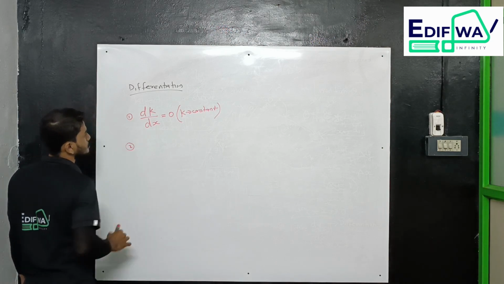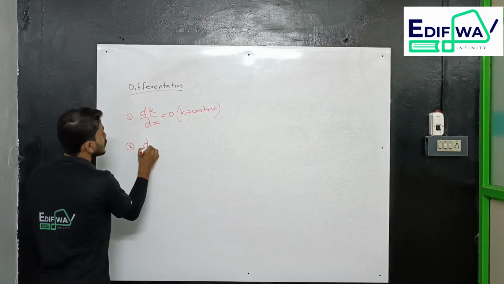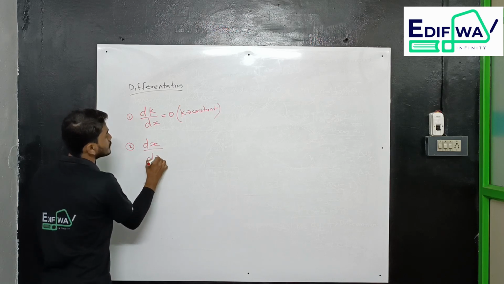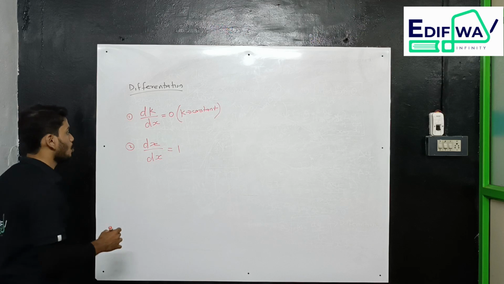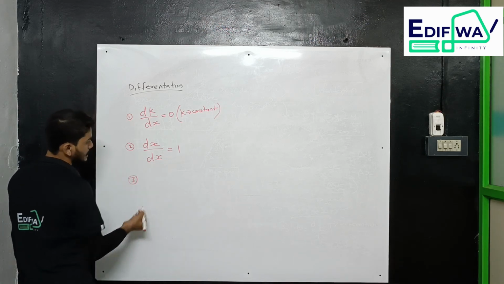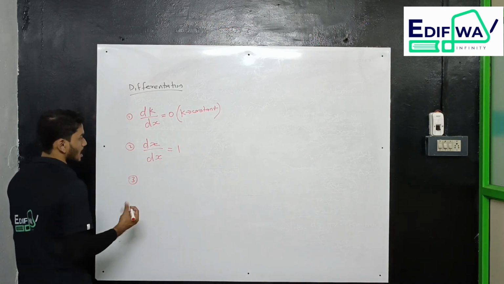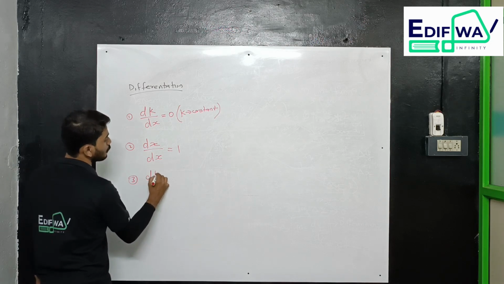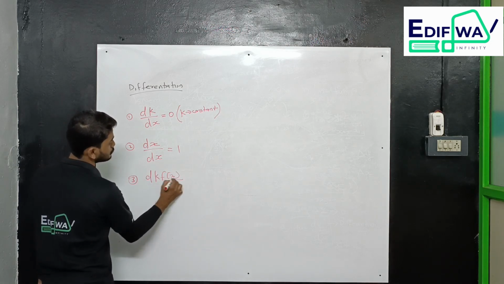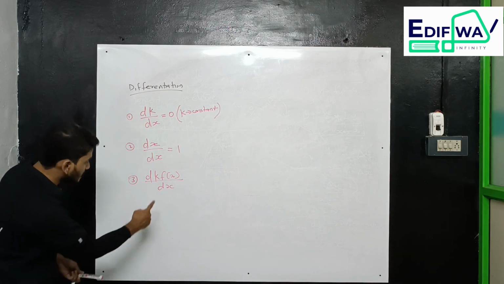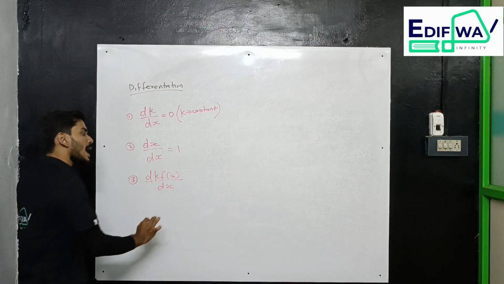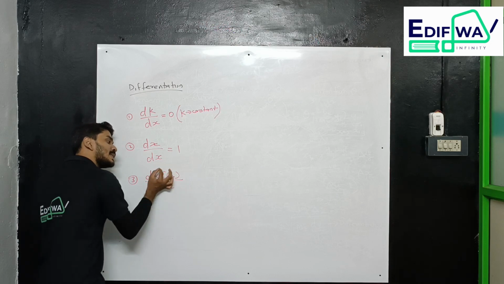Now the second thing you need to know is dx by dx is equal to 1. The third one is the derivative of k into f of x, where k is a constant and f of x is basically a function.